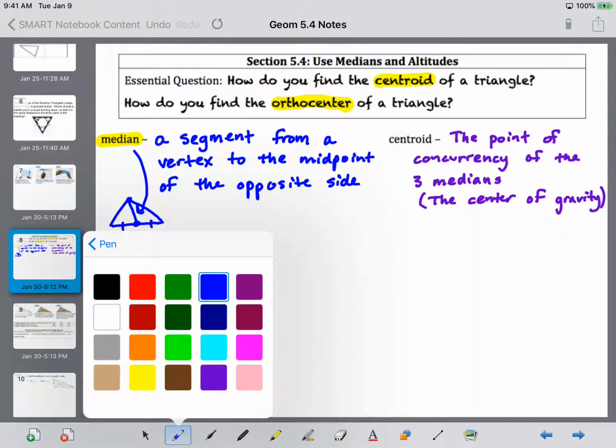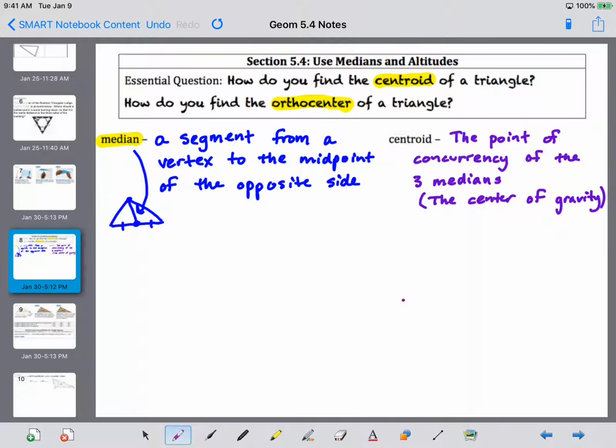I can draw a rough sketch of what that would look like. We've got this triangle here. Here's a midpoint, here's a midpoint, there's a midpoint.